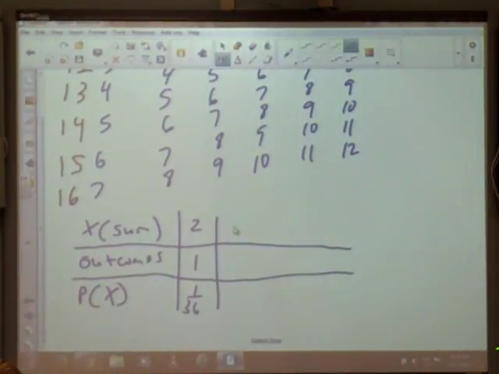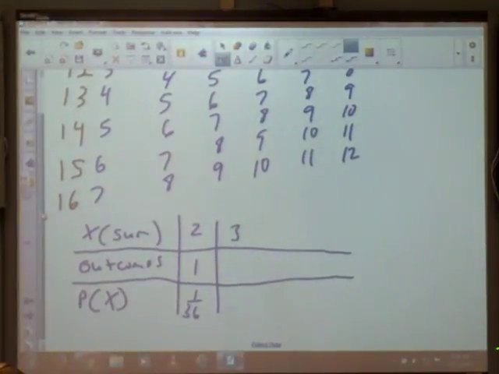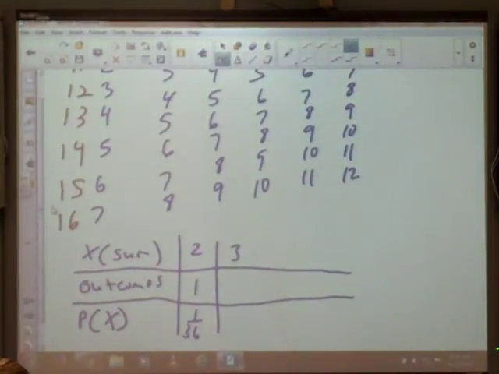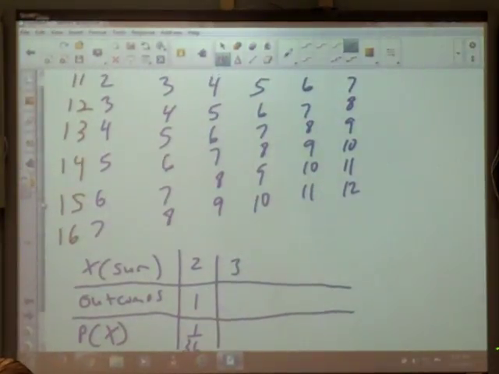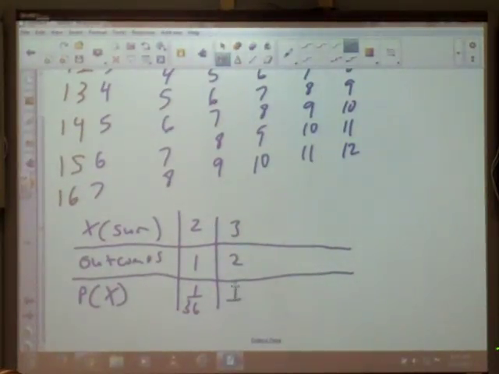Okay, and after that we had a sum of 3. So look and see where I am getting what. How many 3's do I have up there in blue? 2. So that's 2 out of 36, also known as 1 over 18. Then I rolled some sums that were 4's.